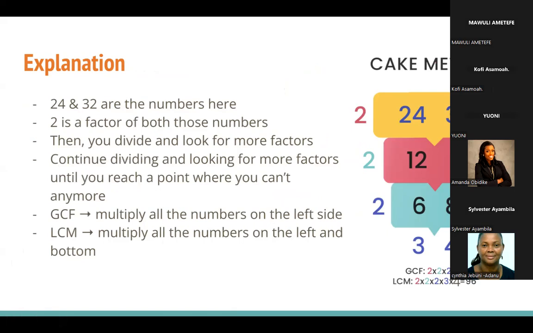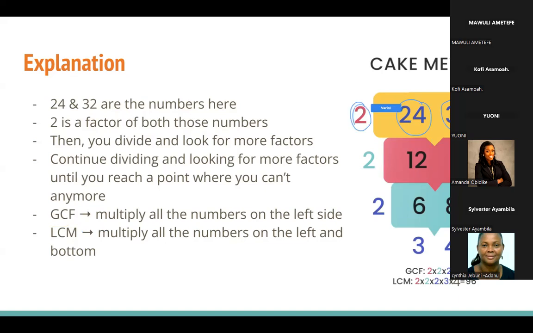Okay, so let's take a look at this example, because I think this one is a better example. We have the numbers 24 and 32 here. The one factor we can take out of them, something we can multiply by something else to get these numbers, is 2.